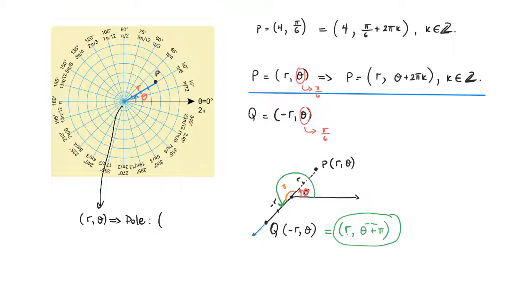So the distance of the pole from itself is going to be 0 if you want to think about it that way. Theta can be anything pretty much. I don't care. As long as r is equal to 0, I am denoting this point right here, the pole, the origin. So the pole or the origin has coordinates 0, comma, theta. 0 representing the distance of the pole from itself.